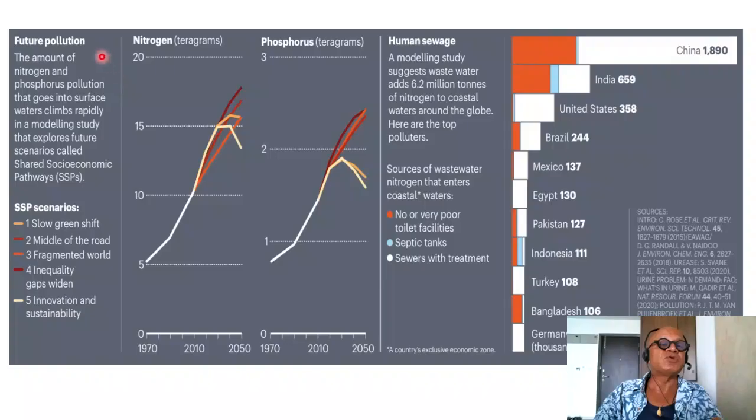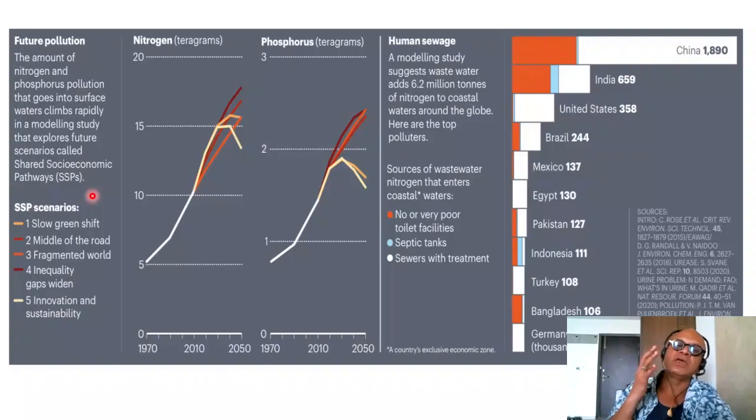Okay. Future pollution: the amount of nitrogen and phosphorus pollution that goes into surface waters climbs rapidly in a modeling study that explores future scenarios called shared socioeconomic pathways, which we talked about. So the CMIP-5 released in 2014 used representative concentration pathways, but shared socioeconomic pathways were developed, and CMIP-6, which is now being released, is using SSPs.